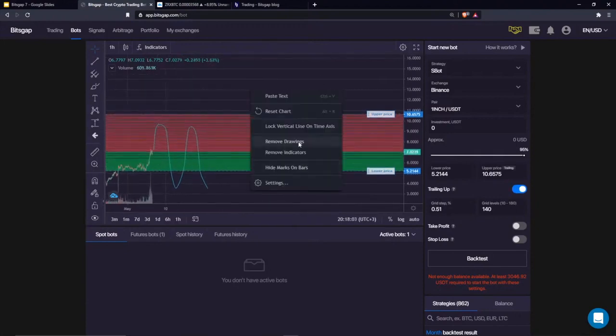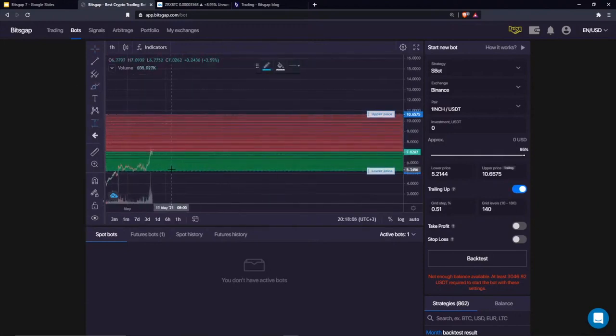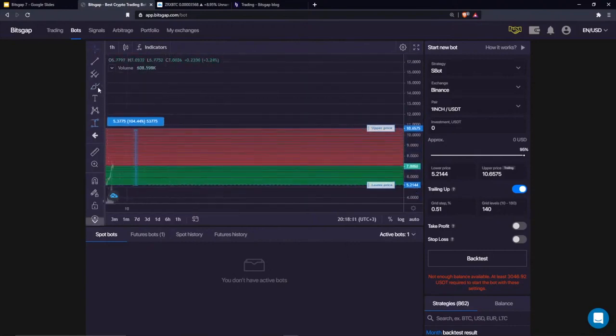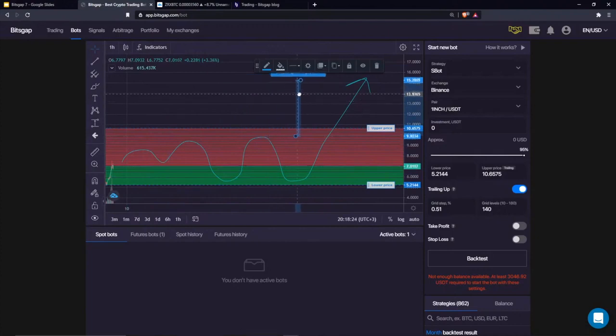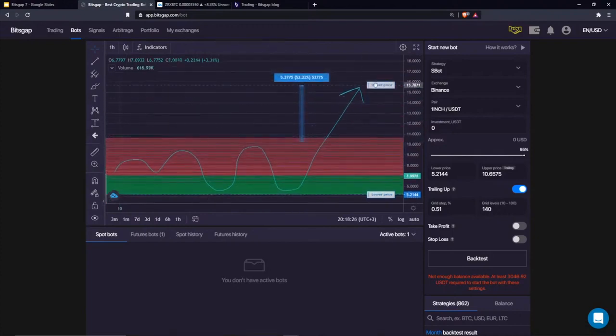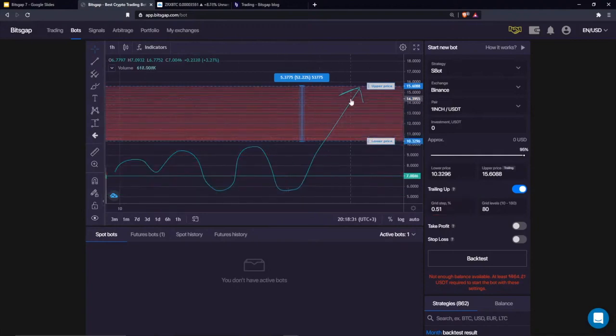In this case, remove drawings, you have your trading range capturing 100%, but also with the trading up, if the price, let's say it moves like this and then bam, goes like this, then with the trading up, the configuration of 100% gap will be adjusted, and you will see your trading range over here. So that's going to be a new trading range. This ensures long-term stability. It ensures that the bot will keep trading for you as the price goes higher.